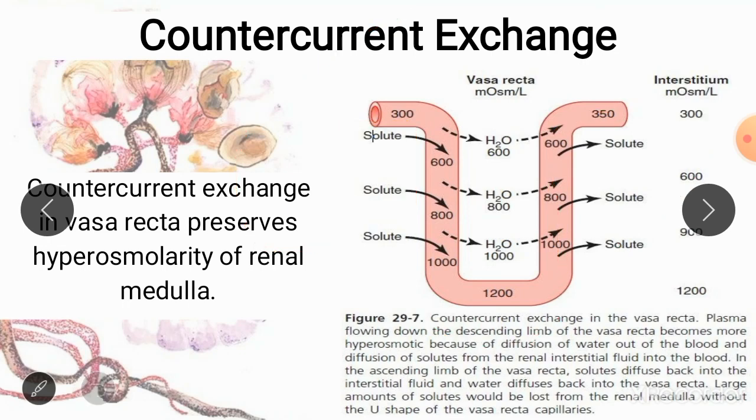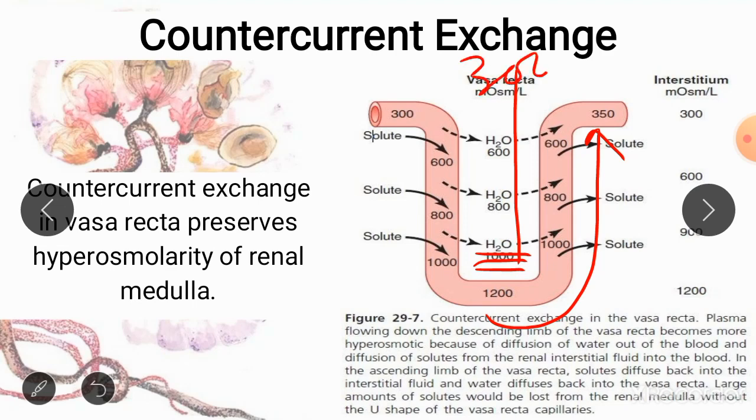Now what happens is, as the peritubular capillaries take a turn and start moving from the medulla towards the cortex, the osmolarity of the interstitium starts to reduce, because we know that the highest osmolarity is in the medulla, and the osmolarity of the interstitium near the cortex is around 300 milliosmoles.